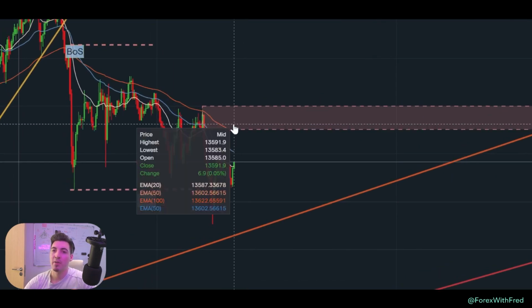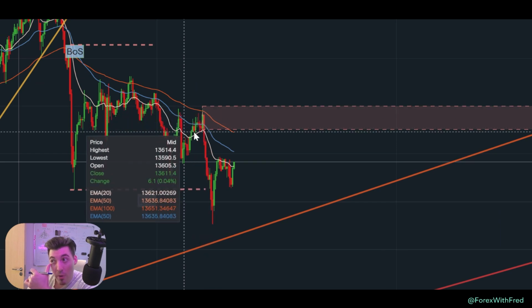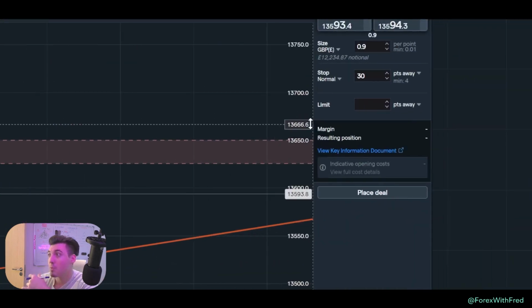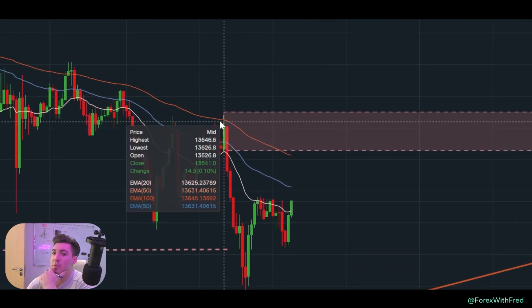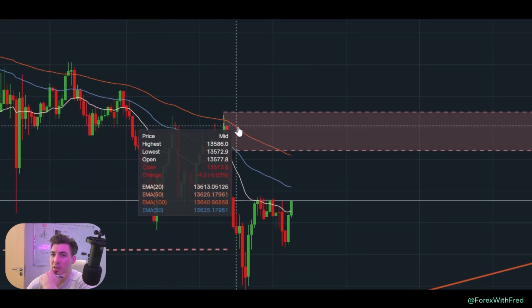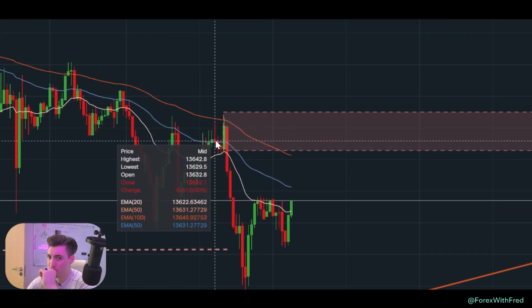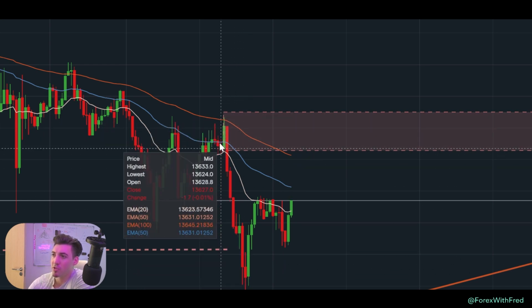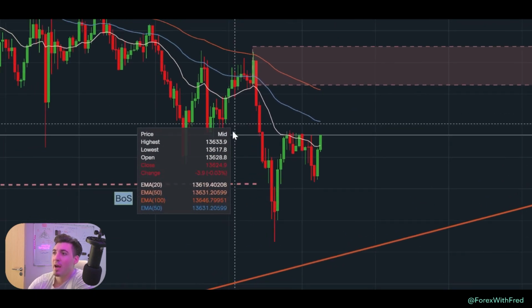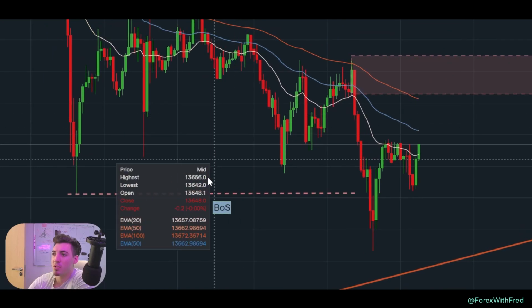And how I identified these is, when we look here, let me see if I can zoom in a bit more. What happened here is when the price entered into this area, we saw a very sharp movement into the downside, breaking the original market structure.